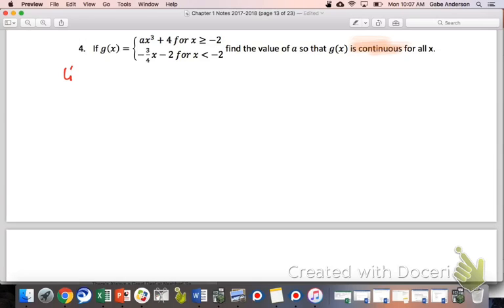Limit as x approaches -2 from the left of g of x has to equal the limit as x approaches -2 from the right of g of x, and both of those have to equal g of -2.